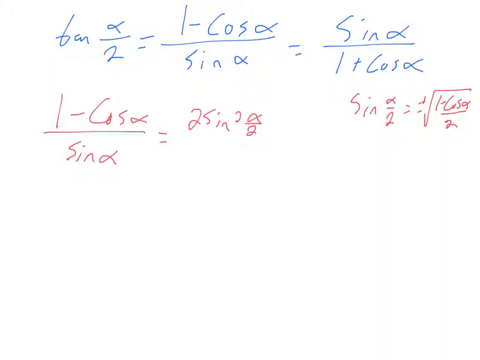If I square it and solve for 1 minus cosine alpha, I get 2 sine squared alpha over 2. So 1 minus cosine alpha equals 2 sine squared alpha over 2, directly from the half angle formula for sine.